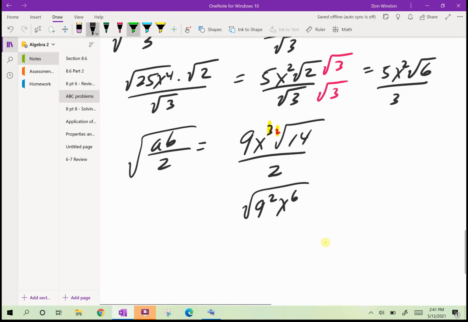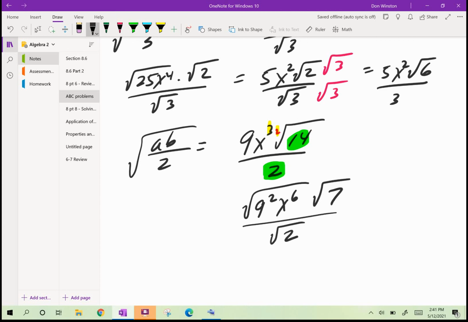Okay, but again, this is easy. This is 14, and then this is 2, so I would have had the square root of 7, all divided by the square root of 2. Just take 14 and divide it by 2, and you get the square root of 7.